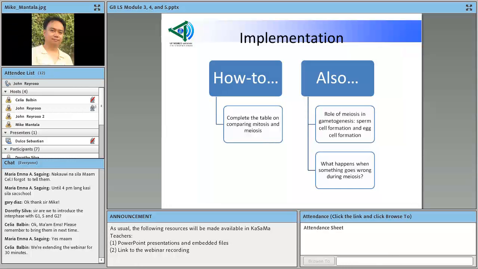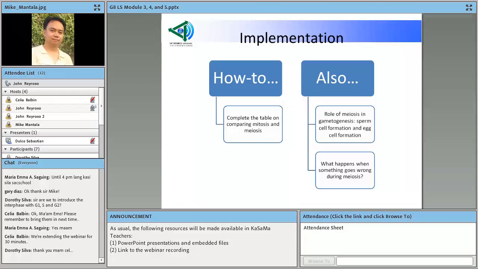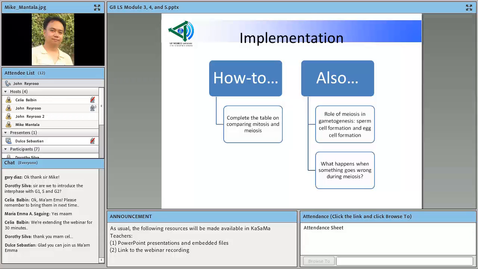Okay, and here's an interesting thing that our students can read in the learner's material. What happens when something goes wrong during meiosis? What if, for example, the chromosomes didn't separate during meiosis 1?